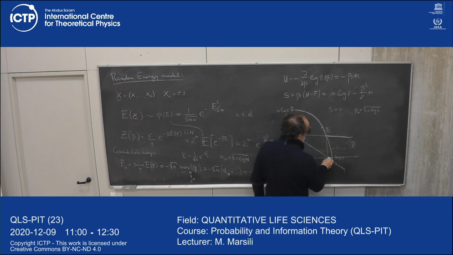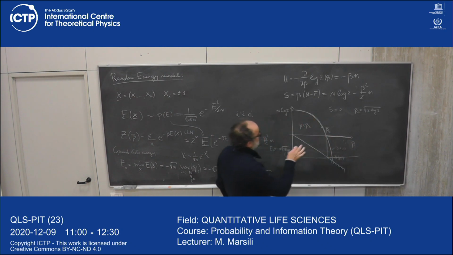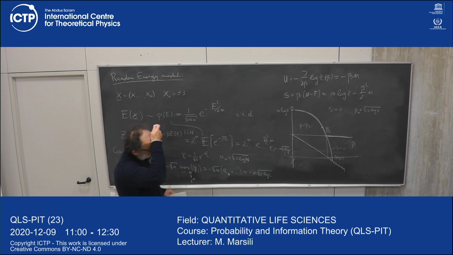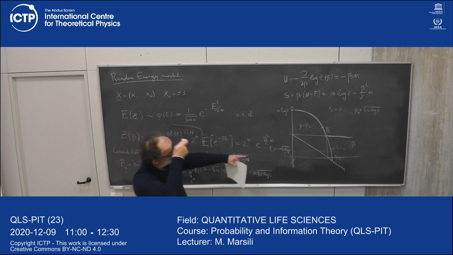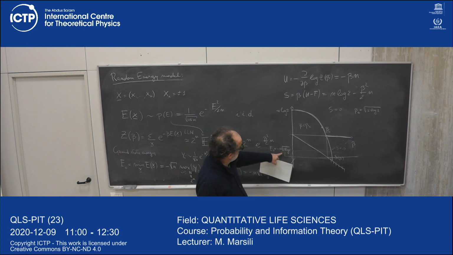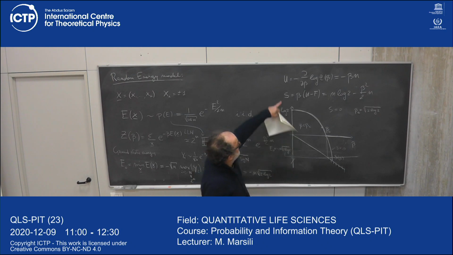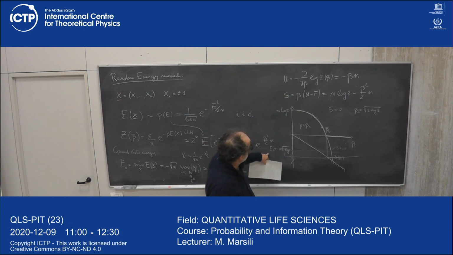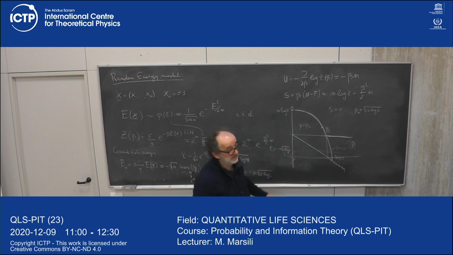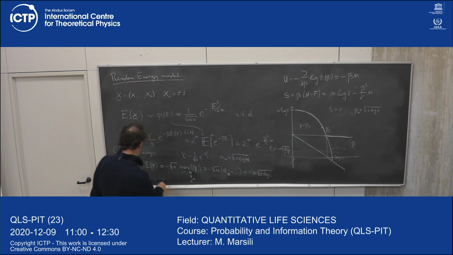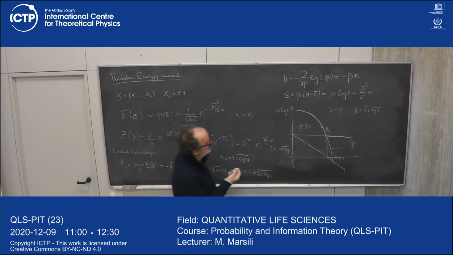And likewise the energy should just be equal to the ground state energy. Indeed, check that the energy becomes equal to the ground state energy exactly at beta critical. Okay, so this again is an example of a phase transition.